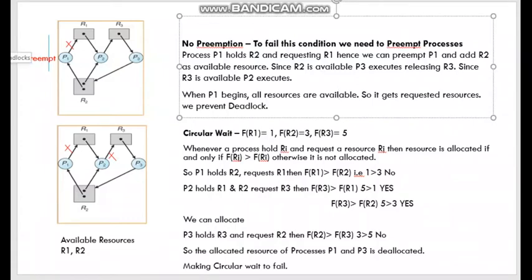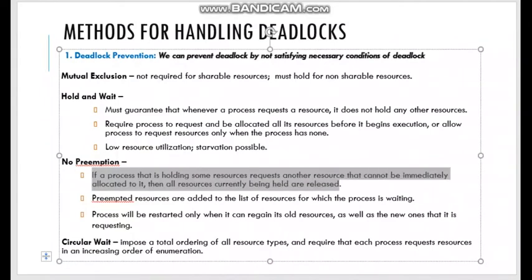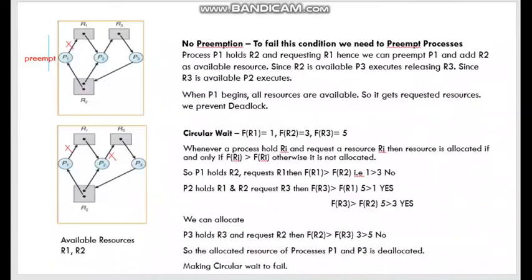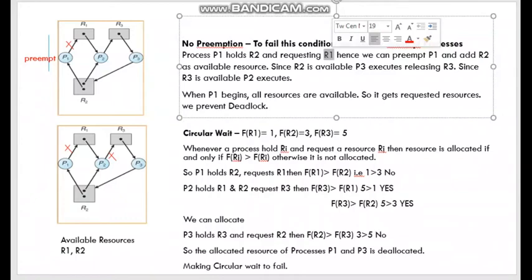Already we have given a method where, if a process that is holding a resource requests another resource, it cannot be immediately given. So if process P1 is holding R2 and requesting resource R1, then we can preempt P1.